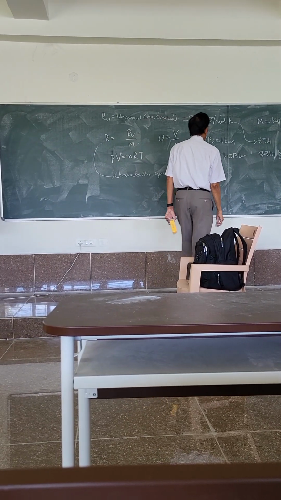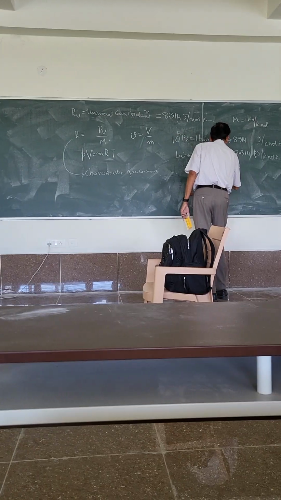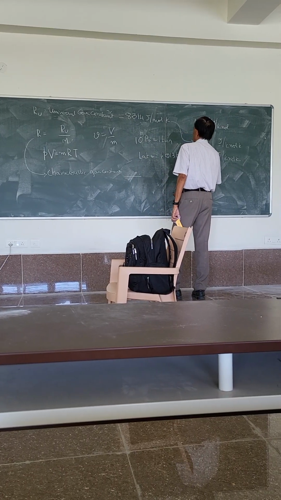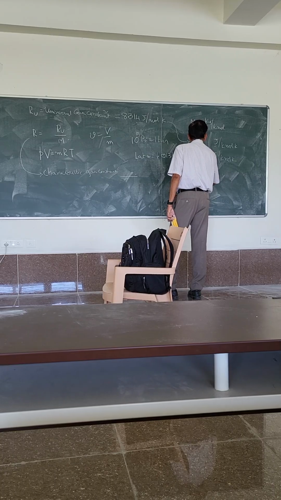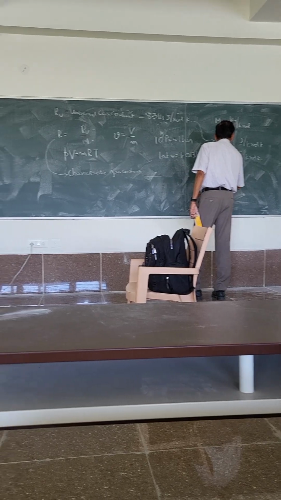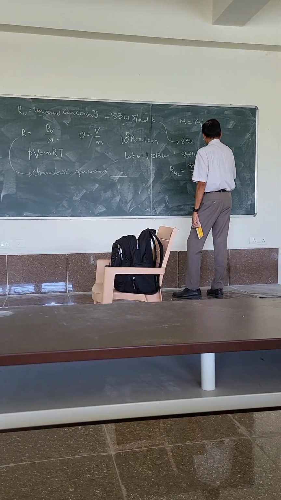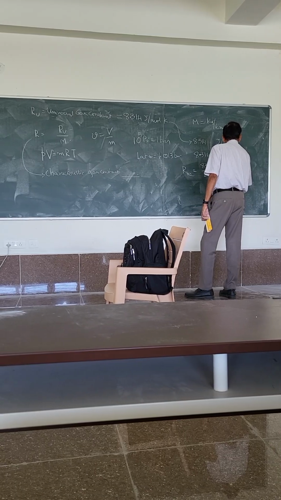What will be the gas constant R for nitrogen? With 8314 joules per kilomole divided by 28, the unit being kg per kilomole, it will be in joules per kg.